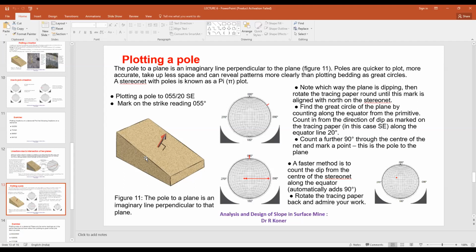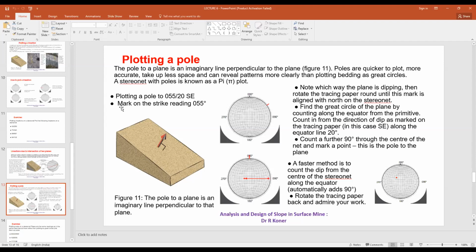But in the equatorial equal area and equatorial equal angle nets, you can also plot the pole. For the equatorial equal area net there is another advantage, the Kalsbeek stereo net that we have shown: if there are a number of poles, you can also plot pole contours. So how to draw the poles? Let me discuss first.